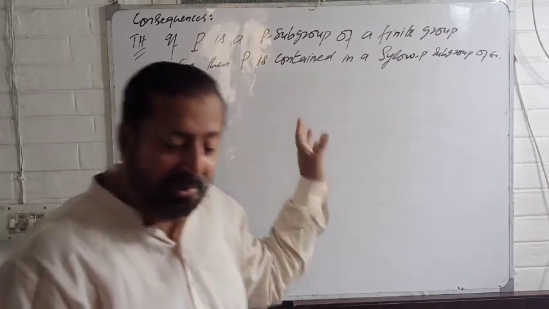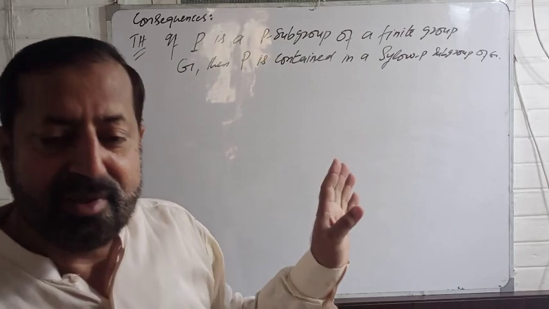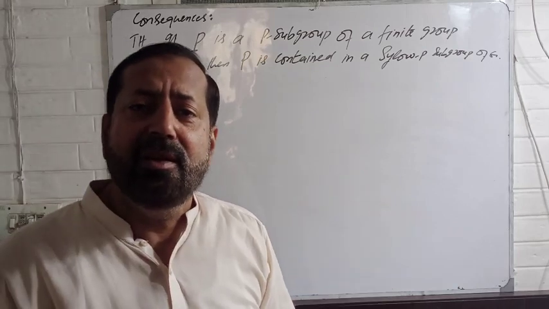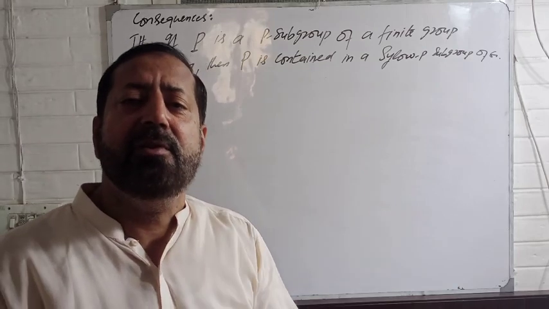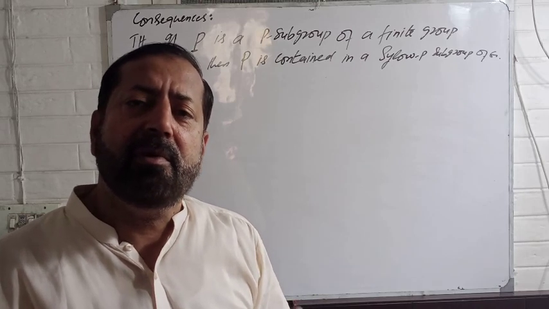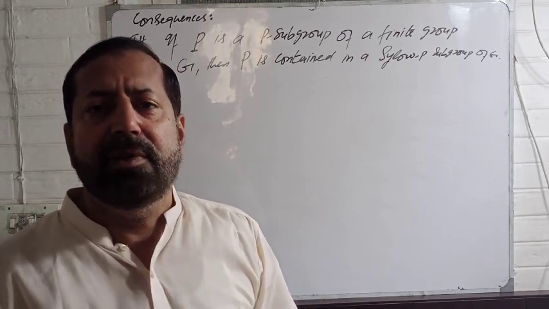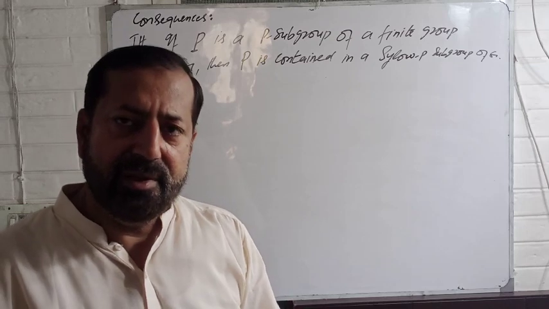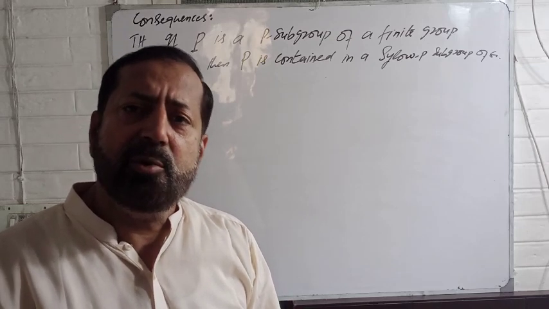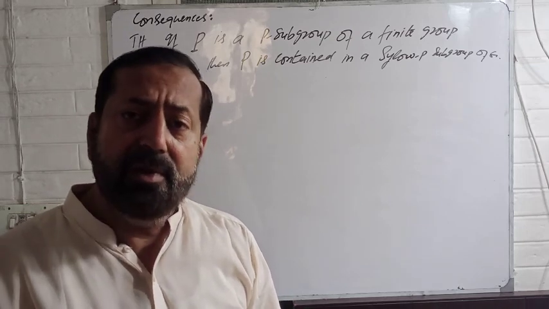So this is very easy to understand, because you know that the order of a Sylow-p subgroup is p power alpha, where p power alpha is the highest power of p which divides the order of G. While any subgroup of order p is a p-subgroup, right?